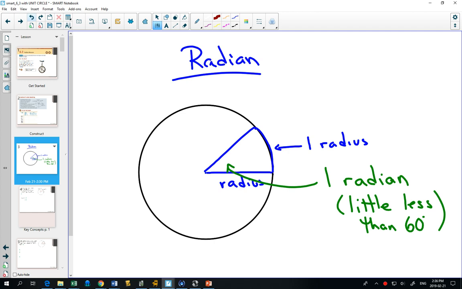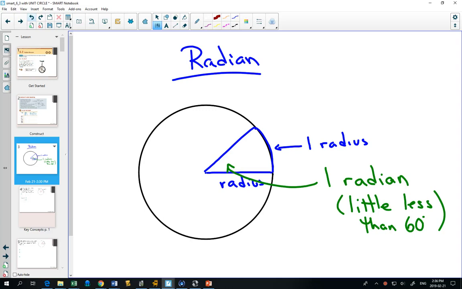But if I took this and squished it down, that's going to change that angle to be a little bit less than 60 as opposed to when it was straight. Perfect. So right now we know that 1 radian is a little bit less than 60 degrees.